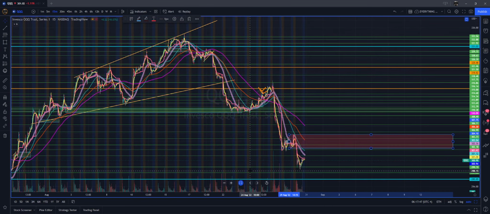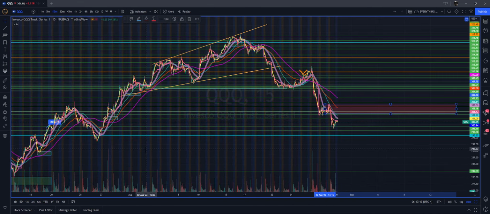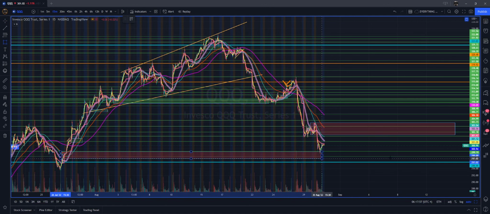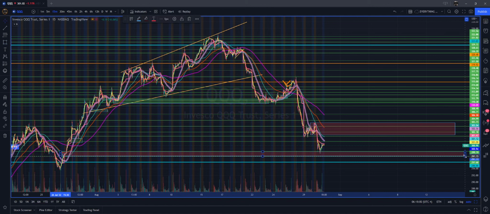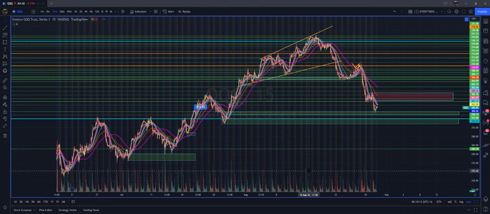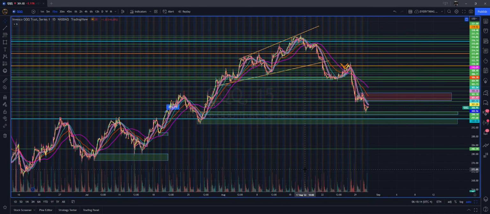And then I think we have a demand zone, a very little demand zone, which already bounced, but I'm just gonna mark it just in case. And then the last demand zone is down here. Alright, that's about it for now.